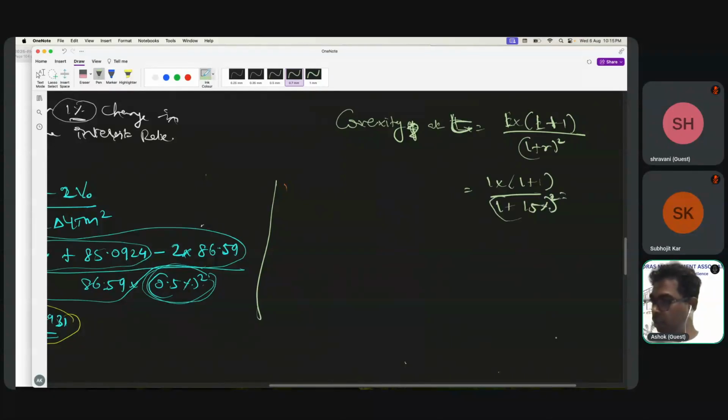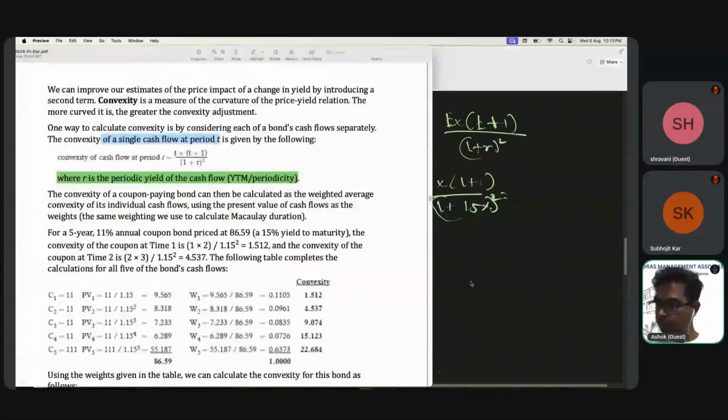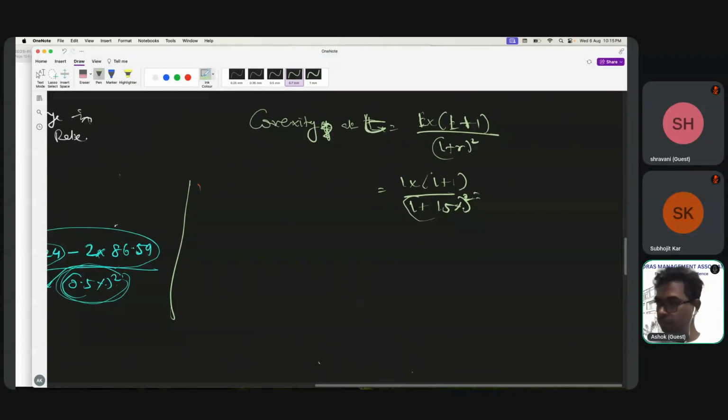Just calculate this and tell me the value and keep it in store 1. 1.5122.